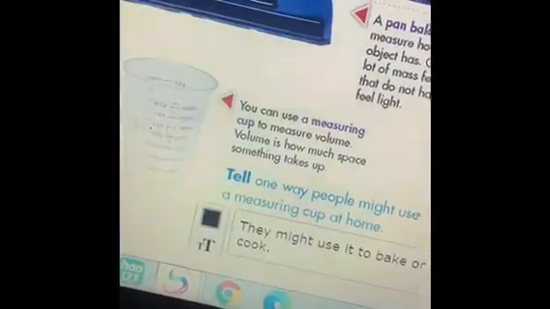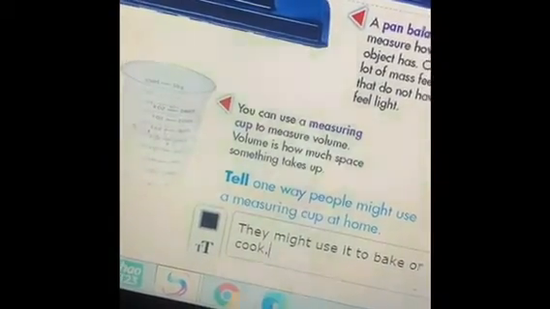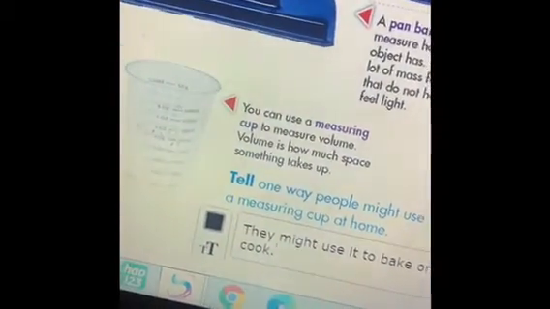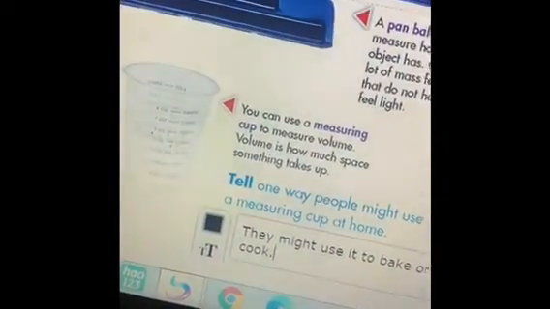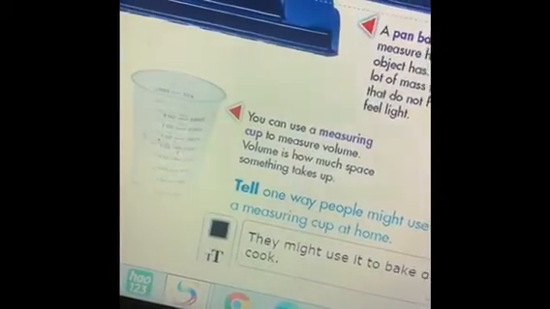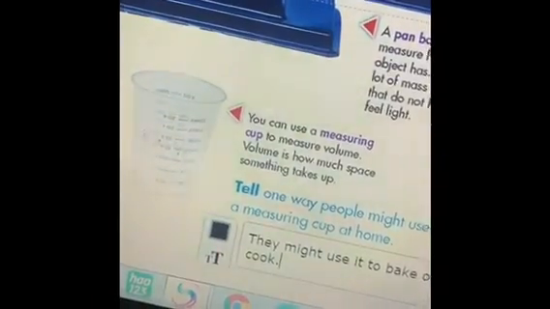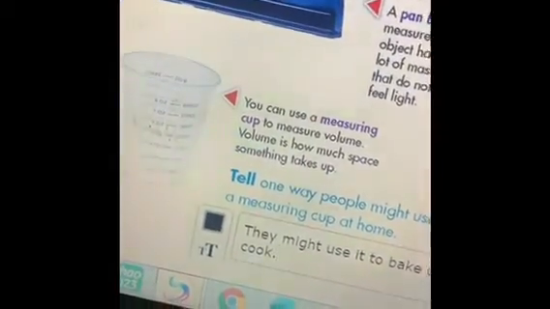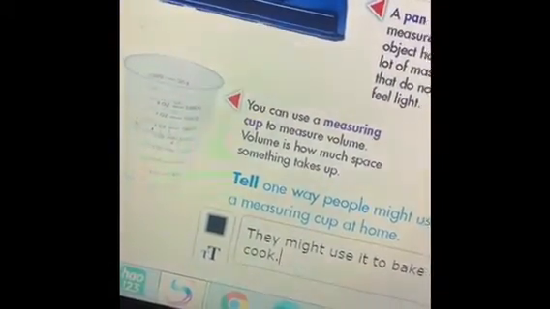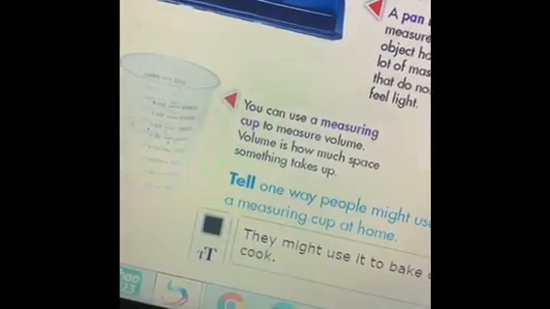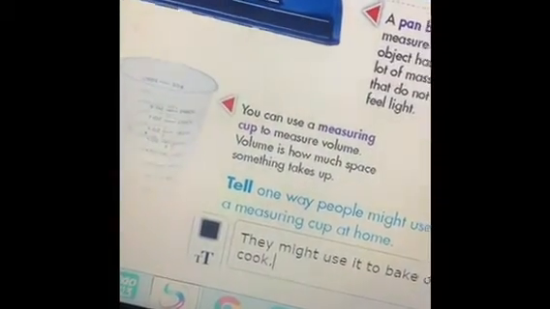So we learned some tools that scientists use to do their work. The tools make their work easier and help them to do their work. We learned some tools we use to measure. And also we learned some tools we use to stay safe: gloves, safety goggles. Also we have some tools we use to see tiny things very clearly, like the hand lens and the microscope.